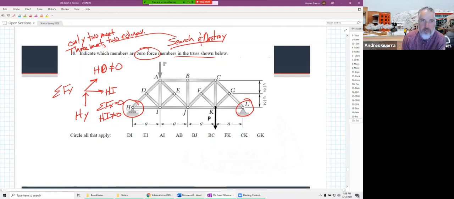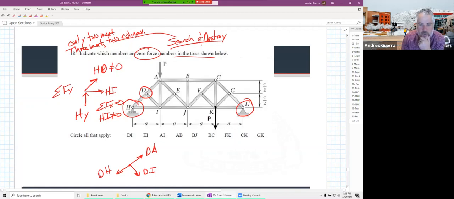So then I can go on to 3 meet and 2 are collinear. 3 meet, that would be at D. At D, there's 3 that meet right there. And so I would say, okay, let me draw my FBD at D. I'm going to have a DA, a DH, and a DI.